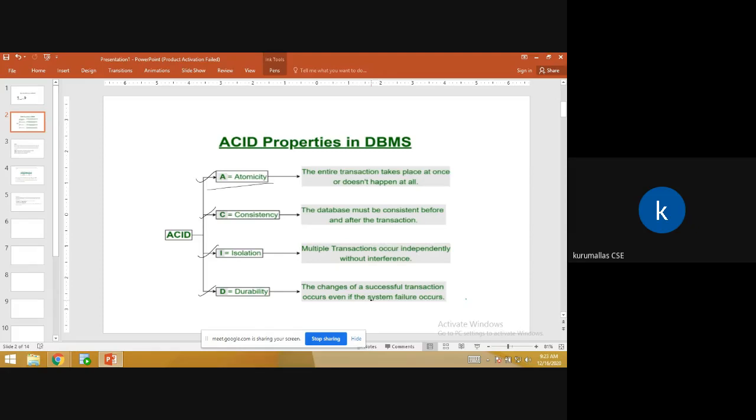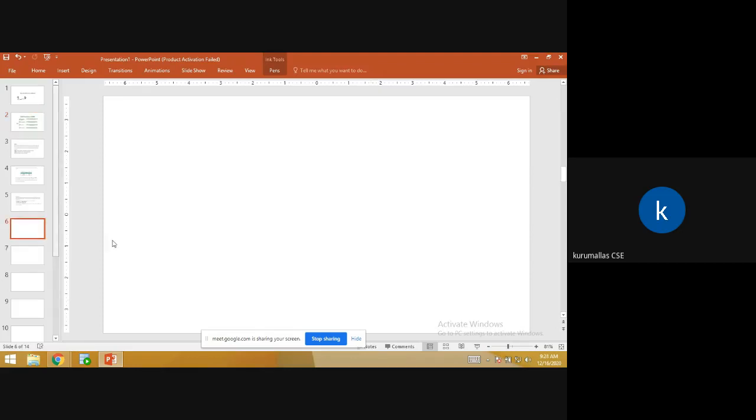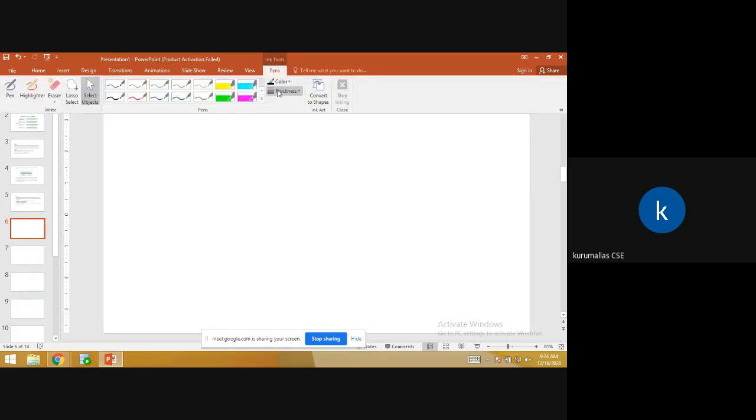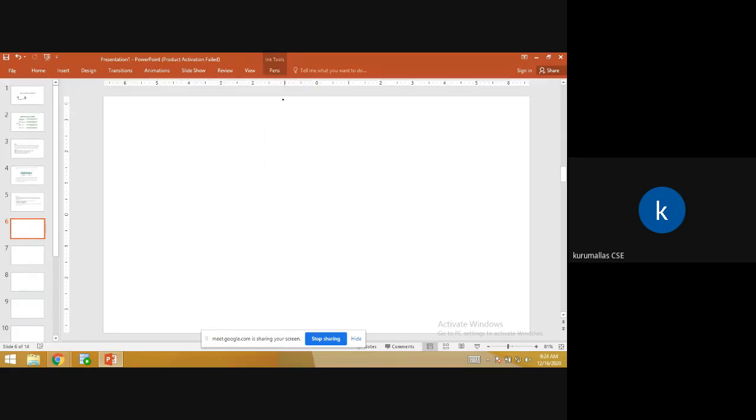So in a database, what are the different types of operations we do? You know what a transaction is: a unit of work executed by the DBMS, or some series of actions. We have different types of definitions.